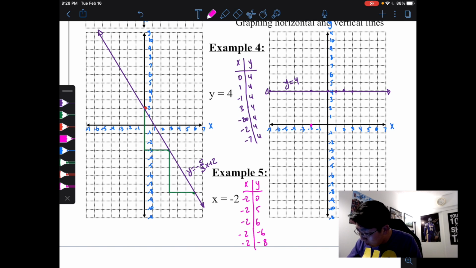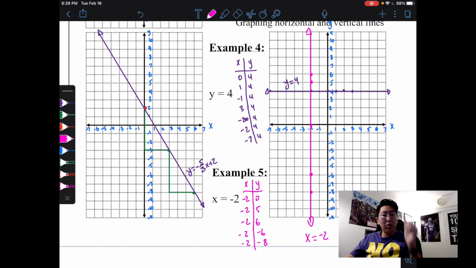And here I have a straight line that goes up and down. Oops, up and down. Just going to do that first. Fix that line. And here the pink equation is x equals negative 2.